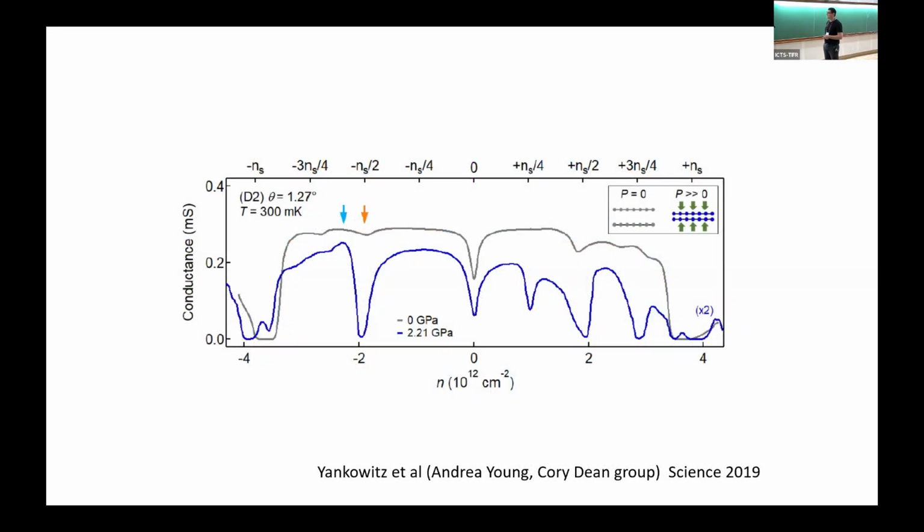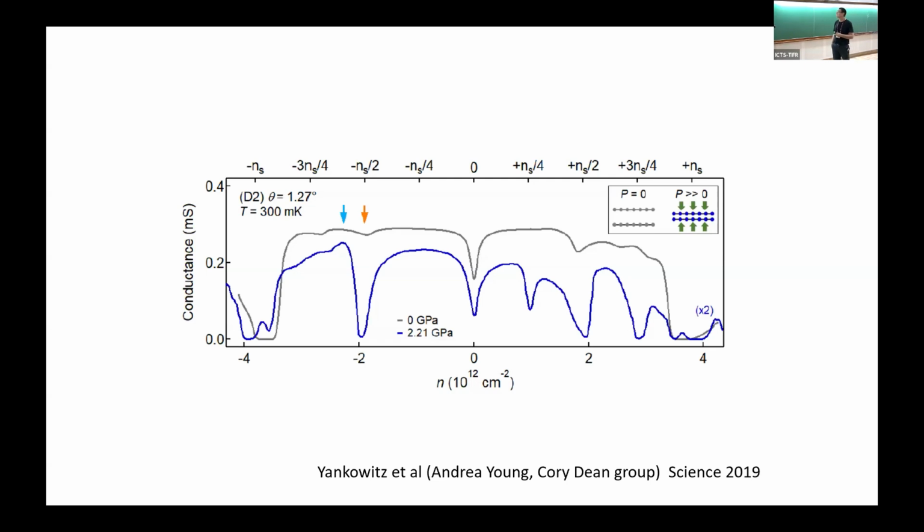This is a follow-up experiment from Andrea Young and Cory Dean's group, in which they did something very nice. Namely, they took a device whose twist angle is away from magic. Okay, so this is 1.27 degrees. Remember, at 1.27 degrees, the bands might have been isolated from the remote bands, but they were not flat yet, okay, in that little movie that I showed you.